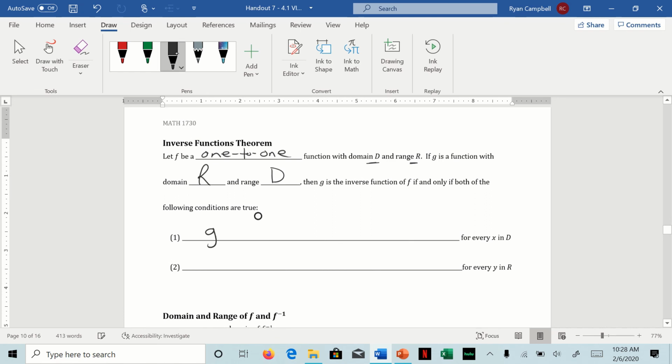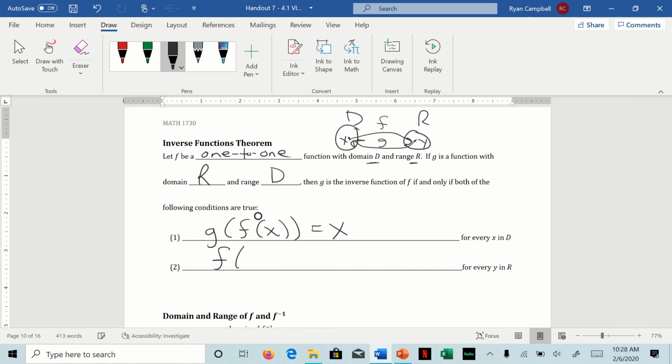So if we have g of f of x, what should happen? If you have x in your domain and it's pointing to some y, so it goes in this direction for f and it goes back in this direction for g, you should just end up with the same thing, x.